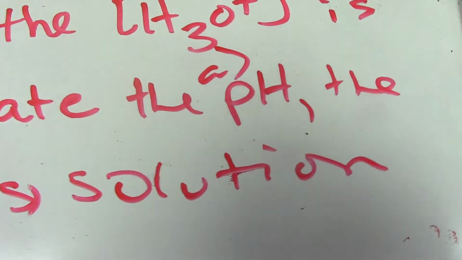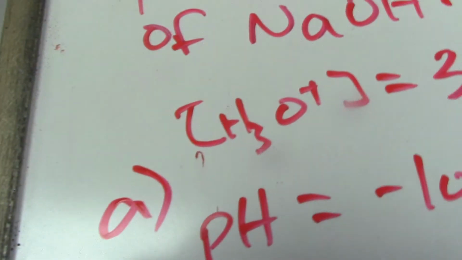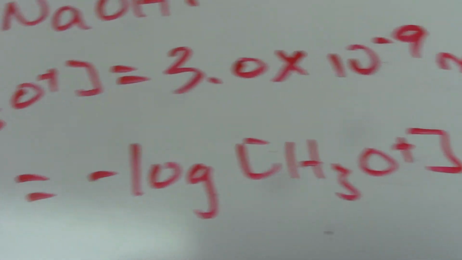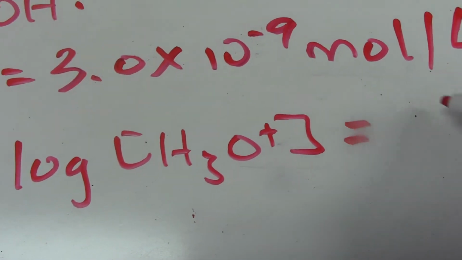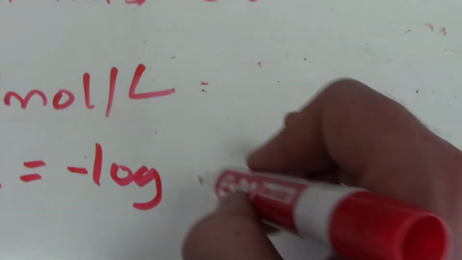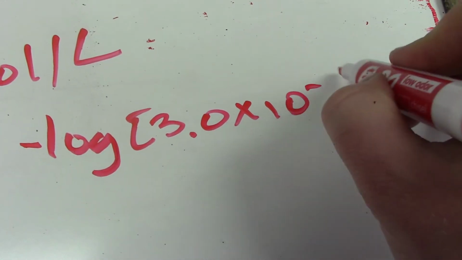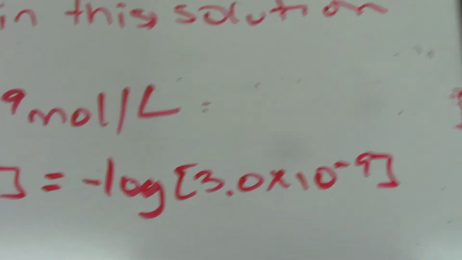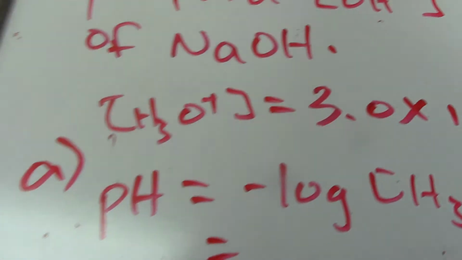Okay, so if I look at this, it's asking me to solve for pH, solve for pOH, and then solve for the concentration of hydroxide. So my A is pH. pH equals the negative log of hydronium, and that is going to equal negative log of 3.0 times 10 to the negative 9. Okay, so let's plug that into the calculator.